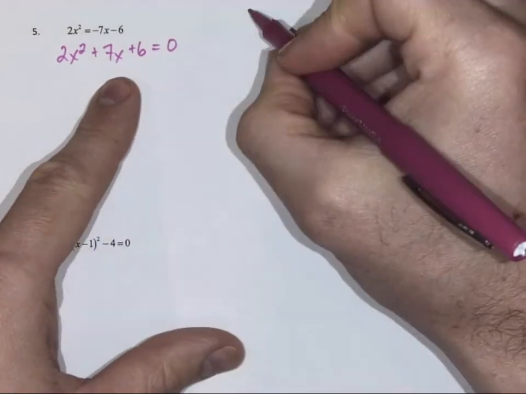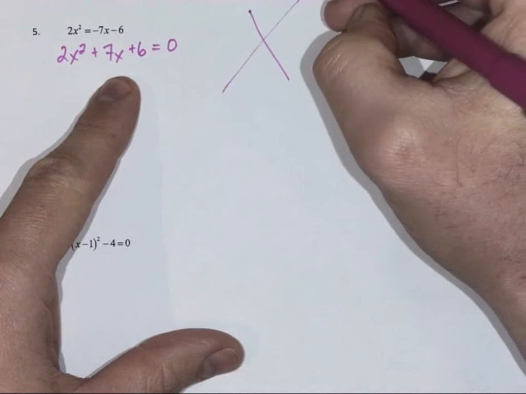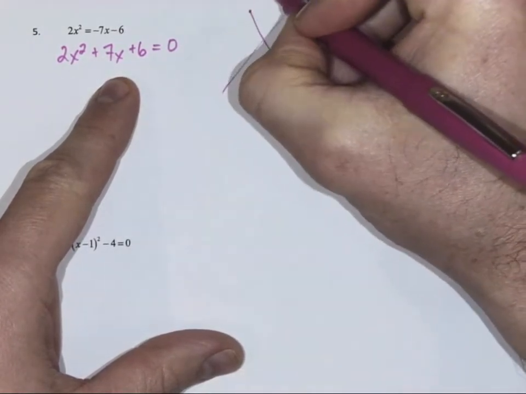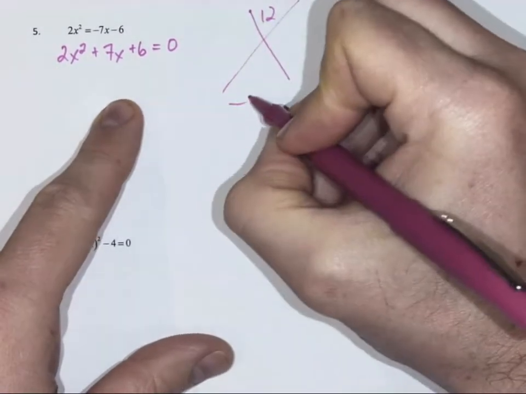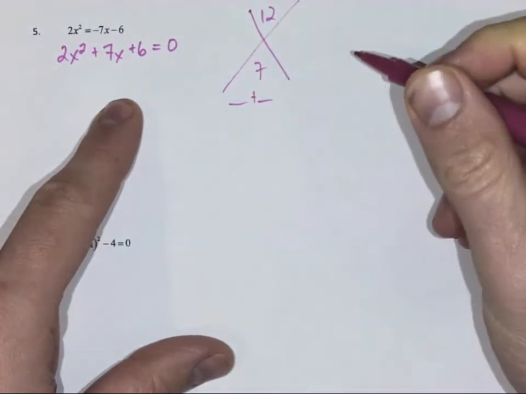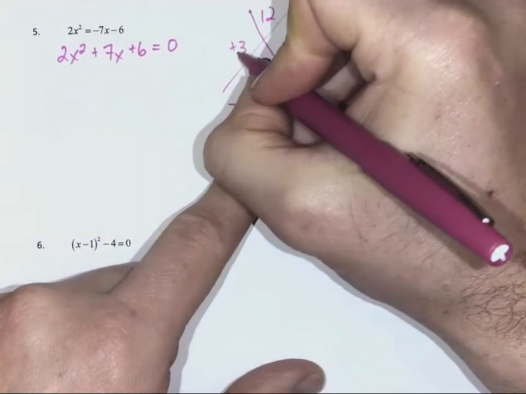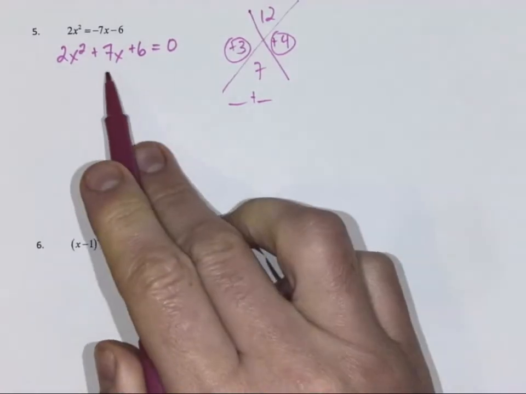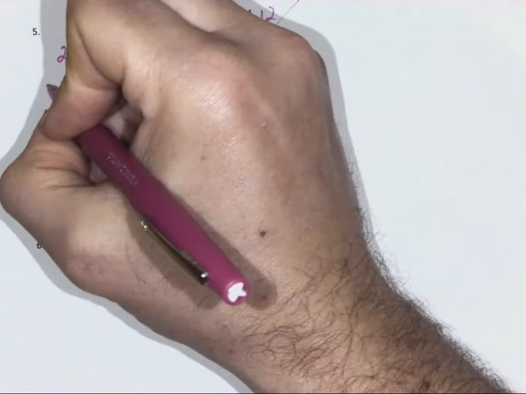Now I need to think about doing this by decomposition. I need two numbers that multiply to 2 times 6, which is 12, and they're going to add to 7. When I look for two numbers that multiply to 12 and add to 7, I have positive 3 and positive 4. So again, that x term breaks down into 3x and 4x.